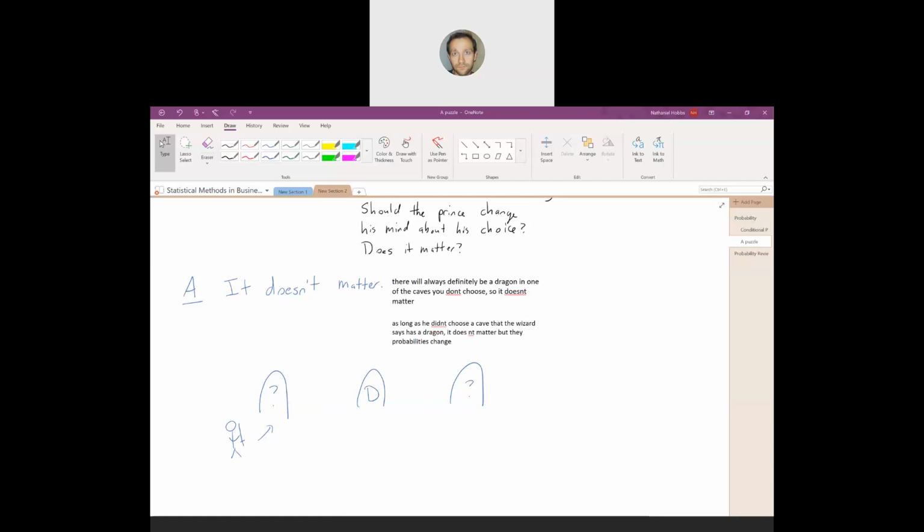So what are the probabilities? Now it would be 1/2. Okay. So then does it matter if he changes his mind or not? You guess not. Okay, great.